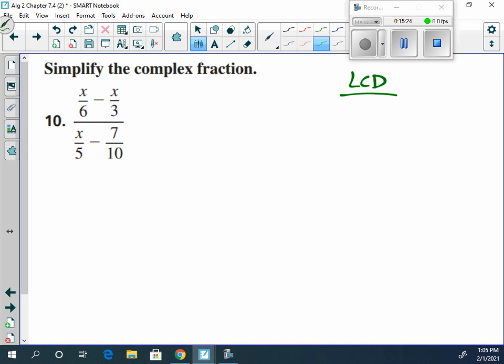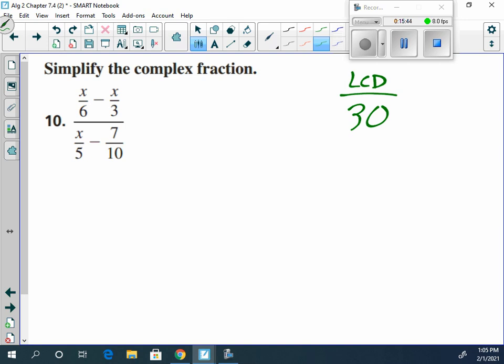So we're looking for a number that will be divisible by 3, 6, 5, and 10. 30. 30 will be the first number, and it's going to be the best one.